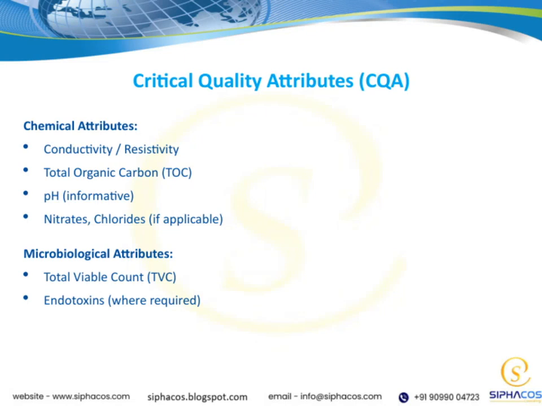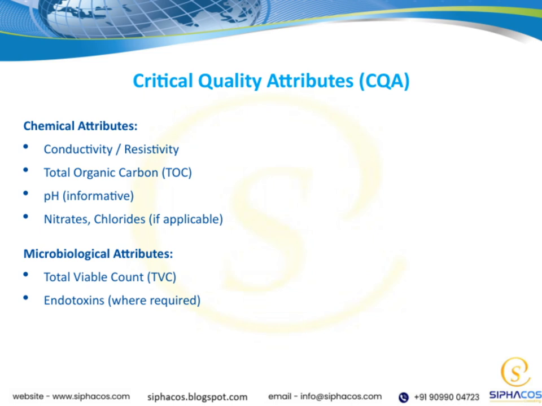Now, let's take a closer look at the critical quality attributes, or CQAs, that are essential for ensuring product quality. First, we'll start with the chemical attributes. Conductivity or resistivity, for example, gives us an idea of the ionic content in the water, which is crucial for maintaining purity.